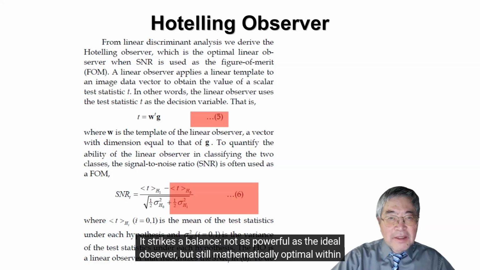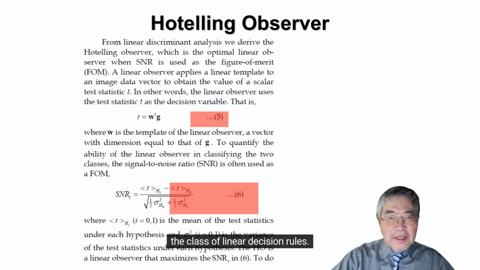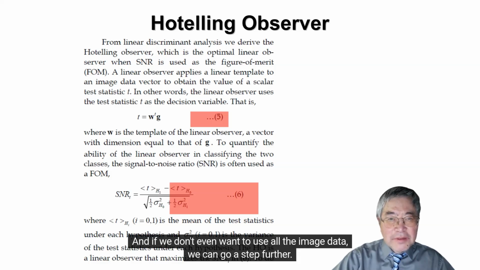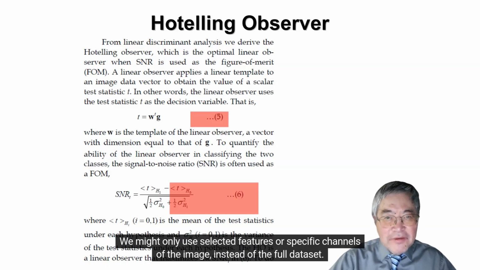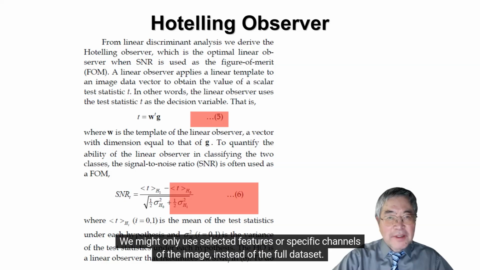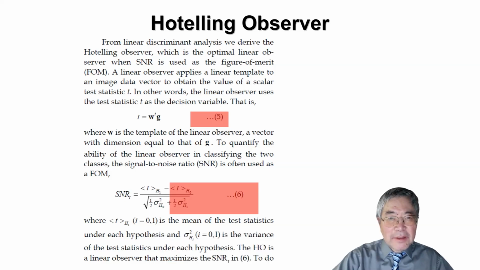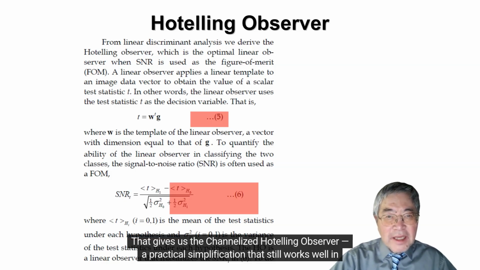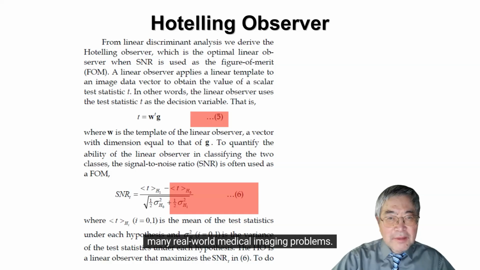It strikes a balance, not as powerful as the ideal observer, but still mathematically optimal within the class of linear decision rules. And if we don't even want to use all the image data, we can go a step further. We might only use selected features or specific channels of the image instead of the full data set. That gives us the channelized Hotelling observer, a practical simplification that still works well in many real-world medical imaging problems.